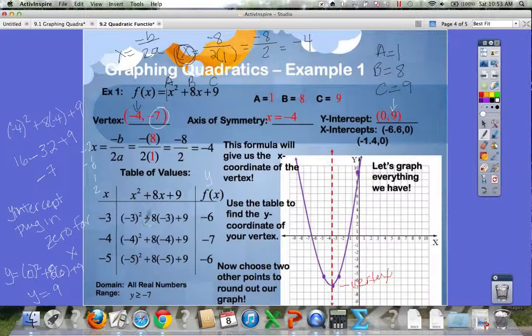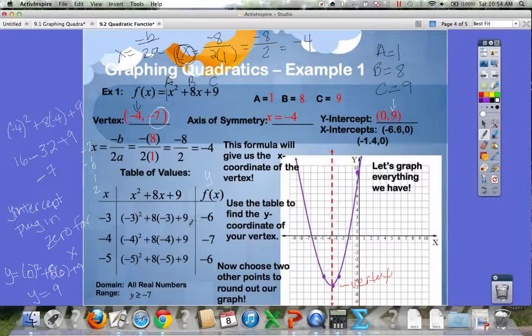Plug them in and use parentheses. It's going to be imperative, because we're working with squares, and if you don't do it correctly, you're going to get the wrong answer if you don't use parentheses. All right, and then plug that into your calculator. You can type it in just like you see it right here, and you'll get negative 6. Okay, those are the ways you find your other ordered pairs.